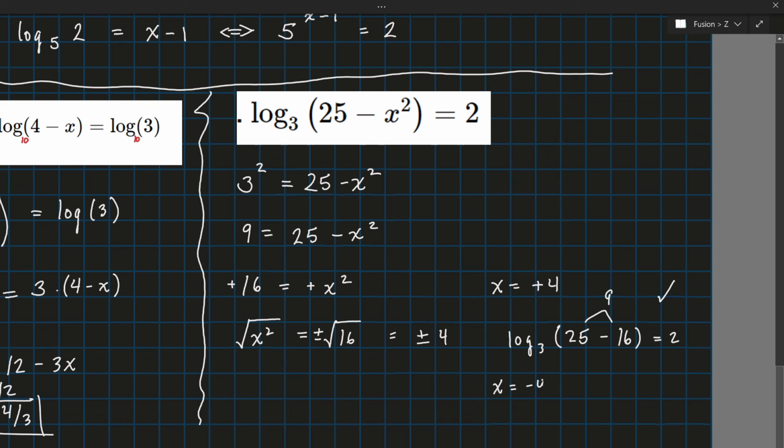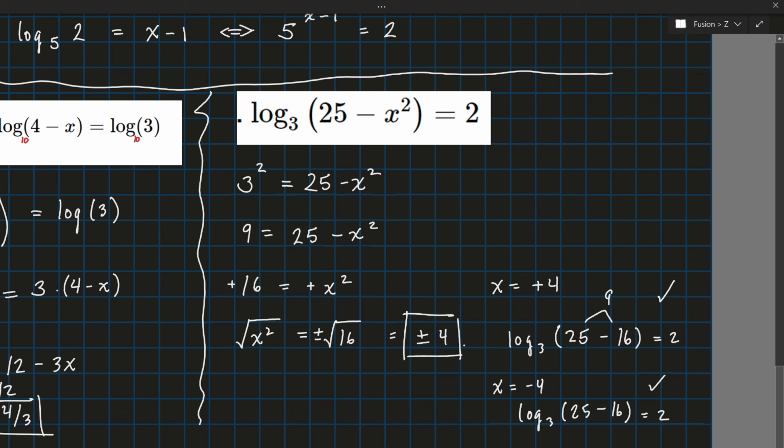If x equals minus 4, that's log base 3 of 25 minus 16, because minus 4 squared is still positive 16. So that's also valid. In this case, plus and minus 4 are both solutions.